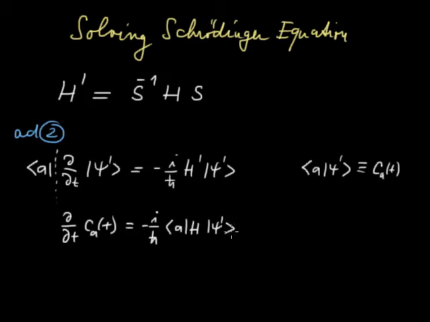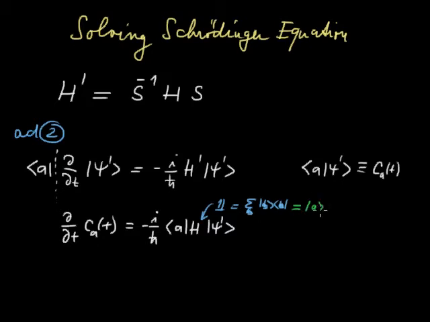Now we introduce inside here the unity again in the form of the sum over all a's, or well, to use a different index, of all b's. But because H is diagonal, nothing else than just the aa is left out of this. So this is under the condition that we are in this diagonal basis.